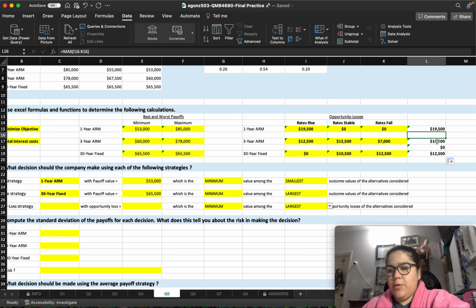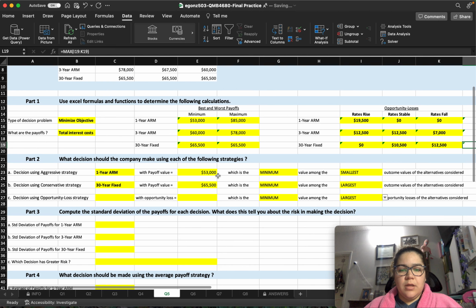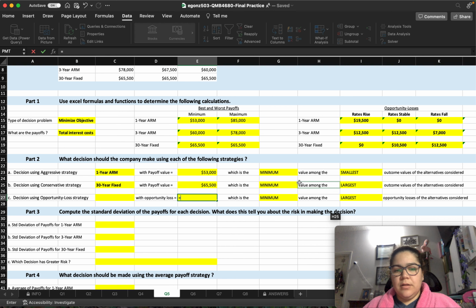And then these I'm going to erase because they're non-numeric cells. So I want the minimum among the largest. Which one is the minimum among the largest? Well, that I understand, it's either of these two. Now, maybe here I have a problem. So, opportunity loss. Let me go ahead and take a look at my notes.